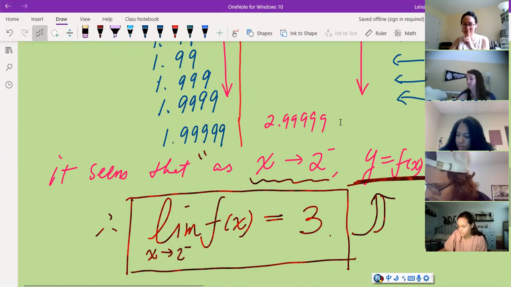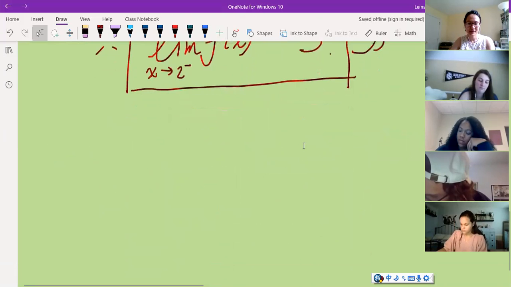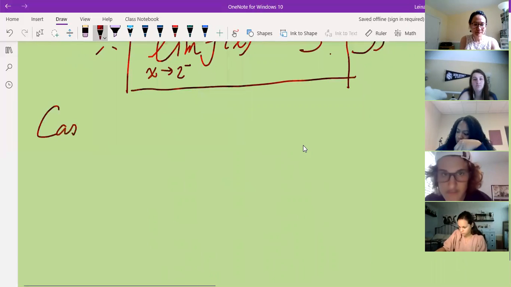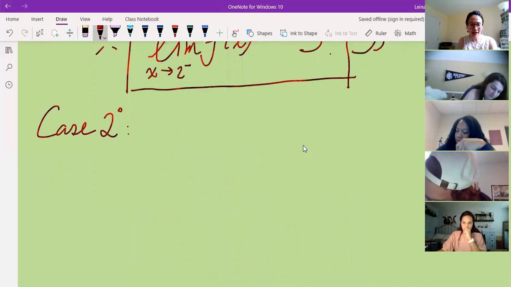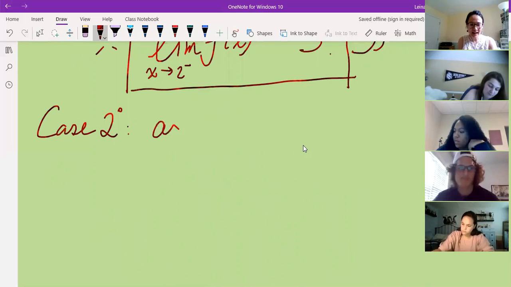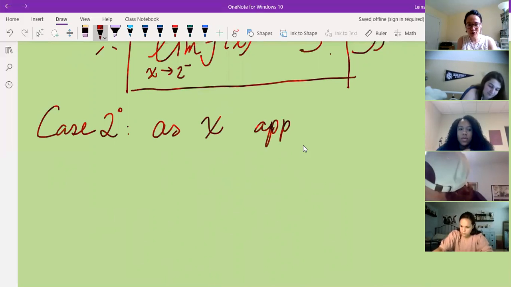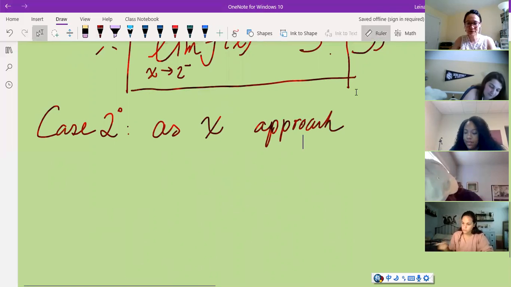All right, so this is one situation, as we said, right? You can force x to approach 2 from the left-hand side. Now let's go to case 2. As we have said, some of you, when you write down x is close to 2, you can do 2.1, 2.2, 2.3. So we can also say x approaches 2 from the right.